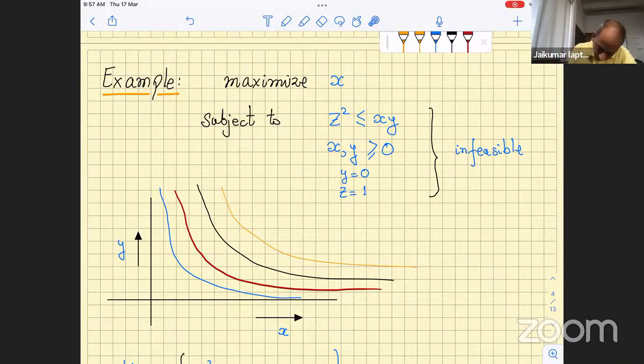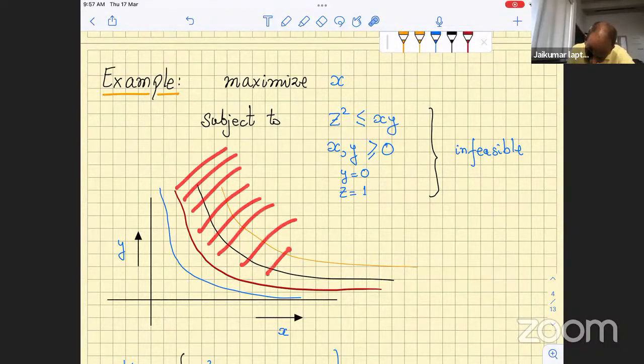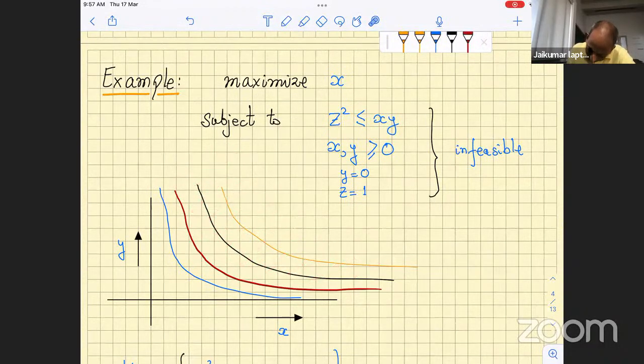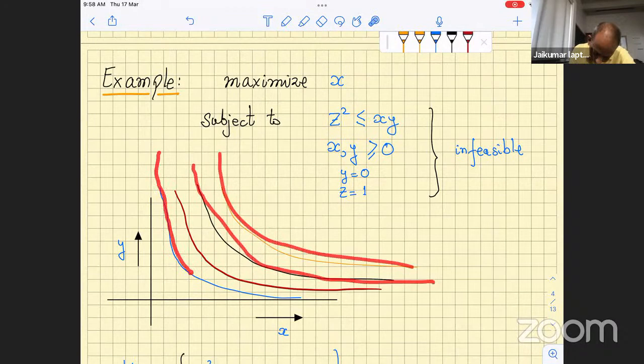If you fix z equals 1, the values x and y which satisfy this are to the right of this hyperbola. And when z equals 2, they are all points to the right of this black hyperbola, and so on. And then when z is half or so, there is this hyperbola.